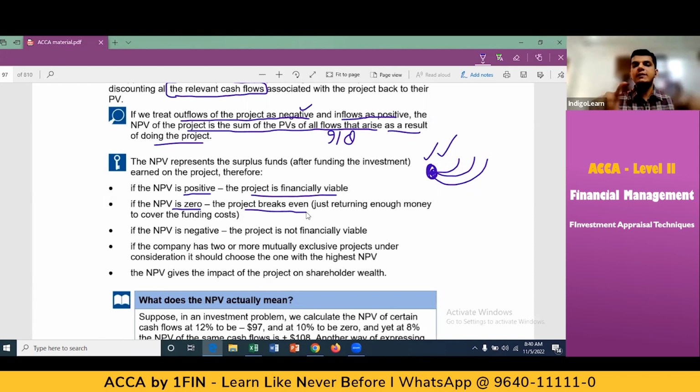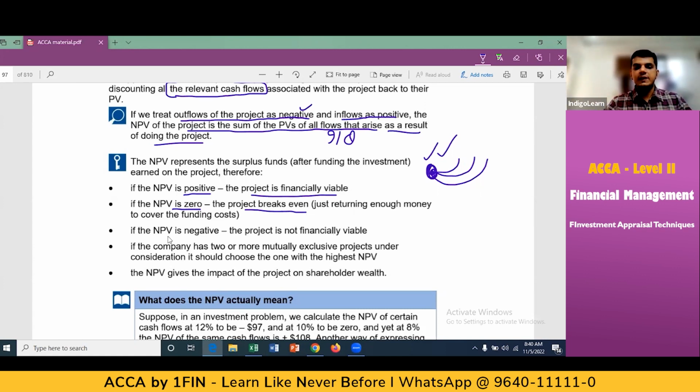So nothing will be left more than the cost of capital. NPV 0 does not mean that you are not even recovering the cost of capital, but you are recovering exactly the amount of cost of capital. So nothing surplus will be left with you.